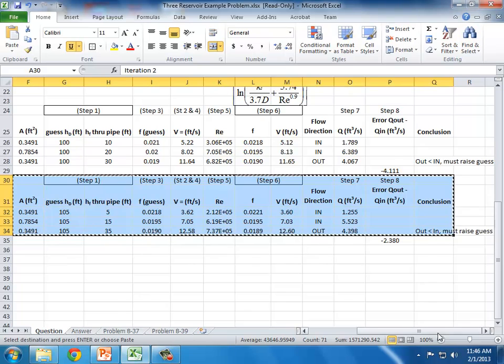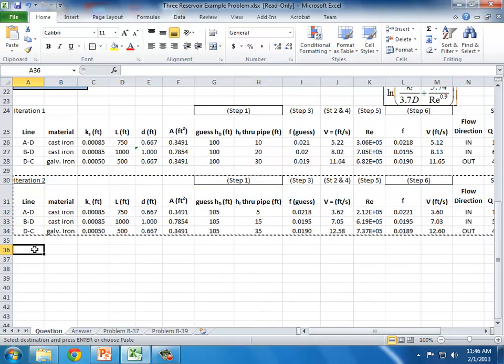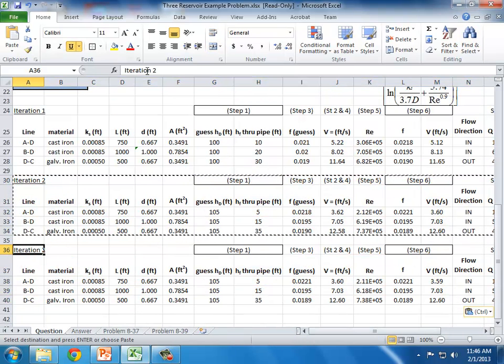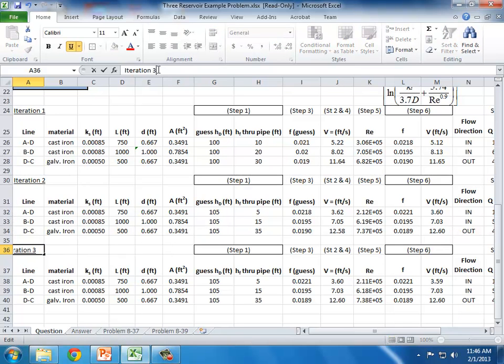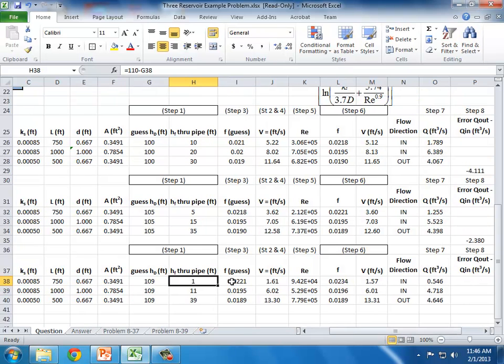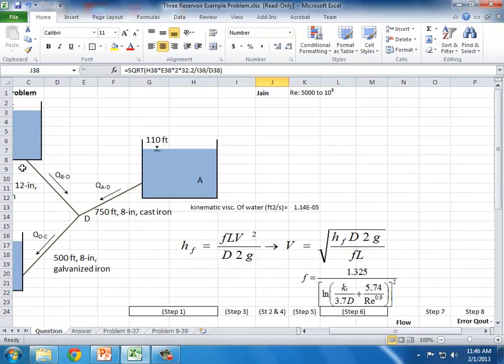Control V. Okay, iteration 3. So let's say 109. It calculates all the head losses, F values, velocity. Now at 109, the flow directions are still as I had anticipated.